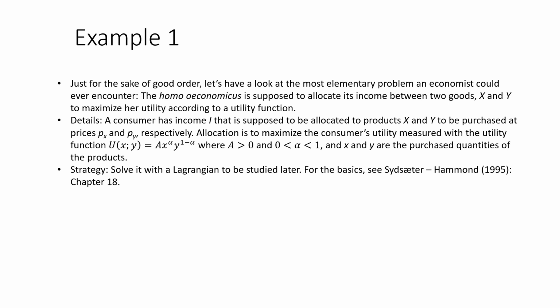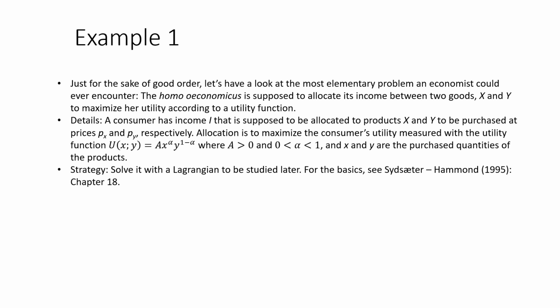You can see we have the income, which is I. We have the two products, X and Y. And we have the utility function, which is a standard first order homogeneous Cobb-Douglas utility function with alpha in the range 0 and 1.